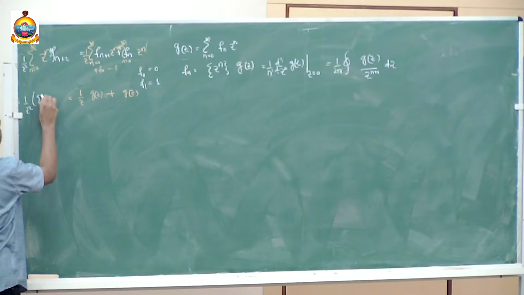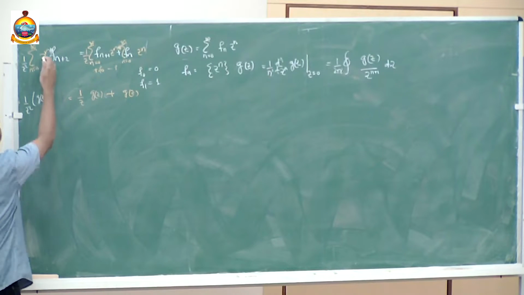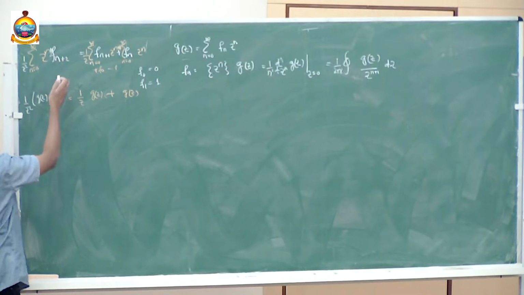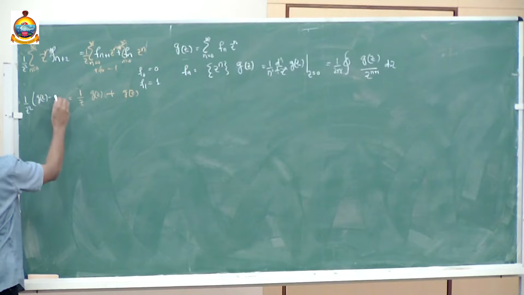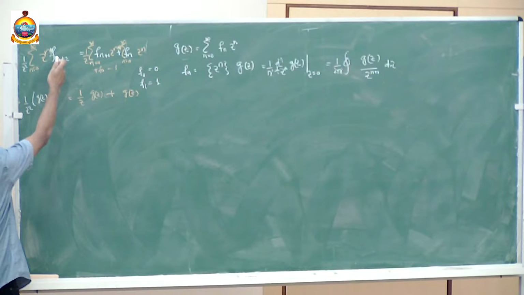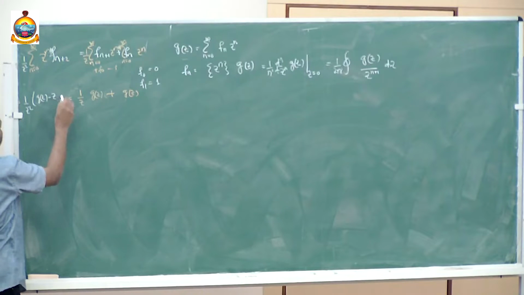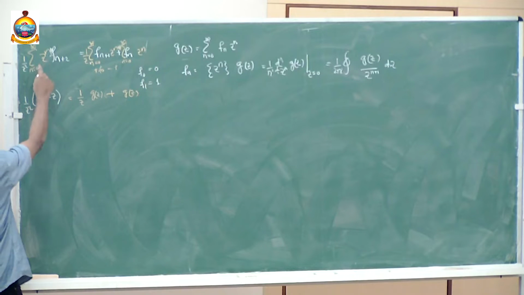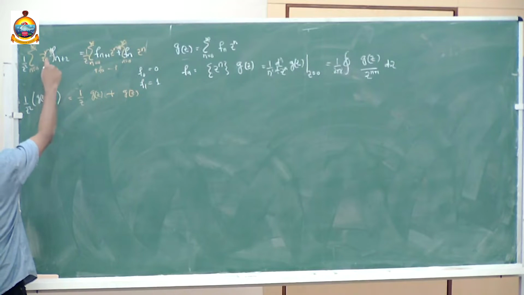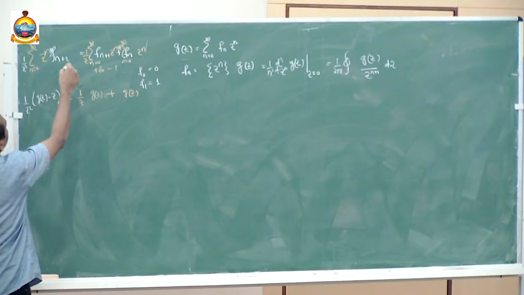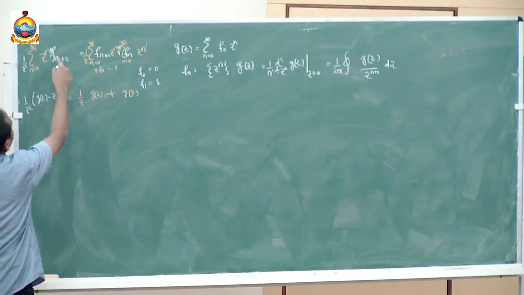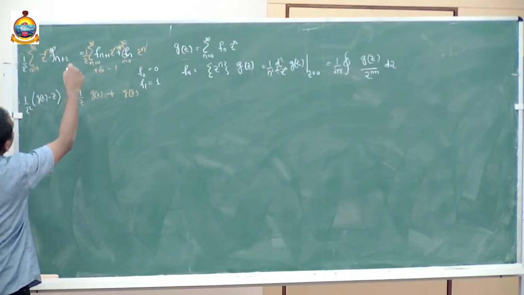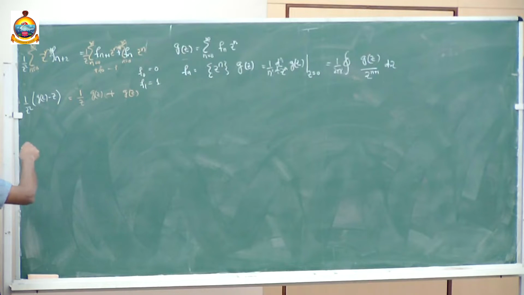So this is g(z) minus the 0th term, which is 0, minus the first term, which is f1 z. Is that correct? Minus or plus?